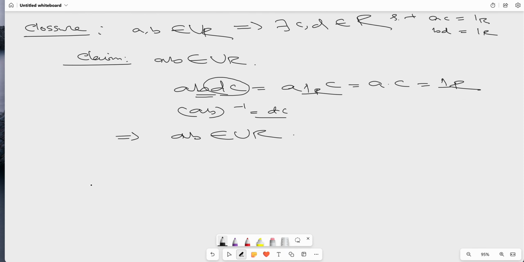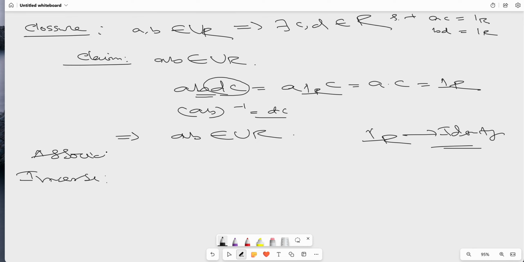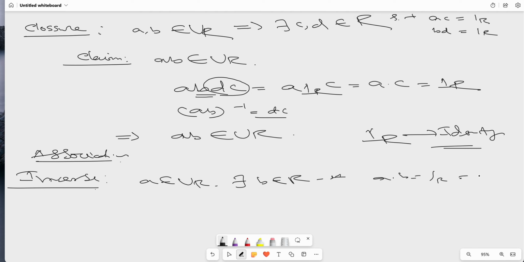So check for the identity and check for the inverse. The identity is 1_R, it is pretty clear. And what will be the inverse? Associativity is left, and associativity is very easy to show. For the inverse, if a is a unit in R, then there exists b inside R such that ab equals 1_R equals ba.